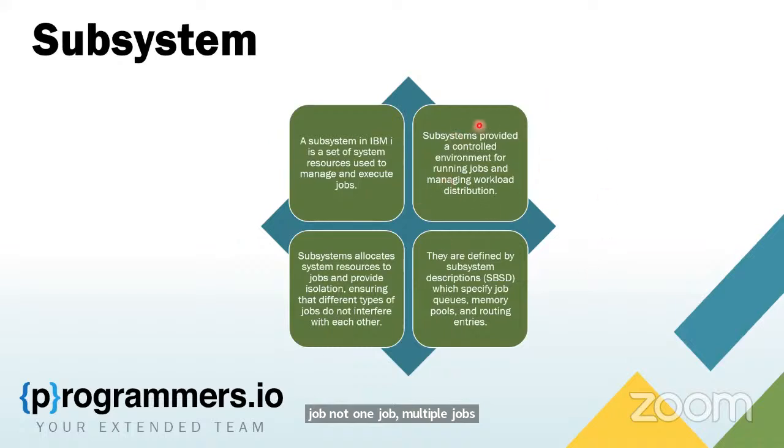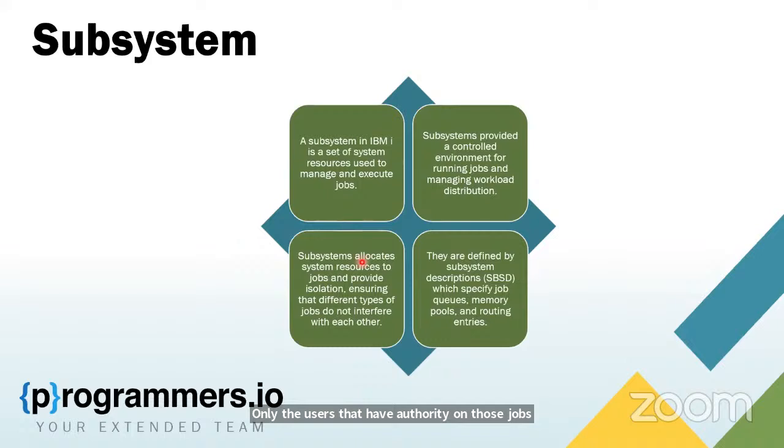So subsystems provide a controlled environment for running jobs and managing workload distribution. Controlled environment means there is a proper systematic way these jobs are executed and completed. There is a proper authority. Not everyone can execute. Only the users that have authority on those jobs can execute them.